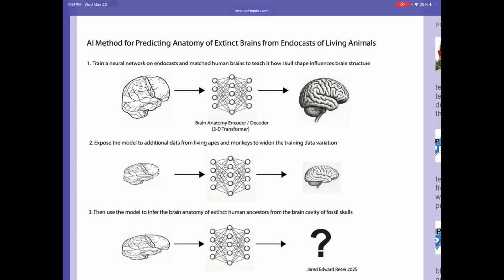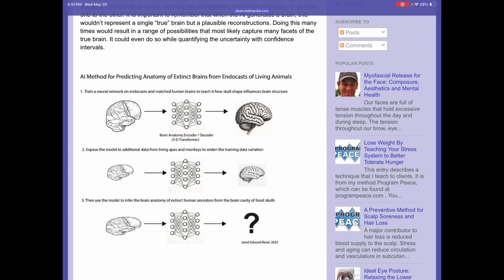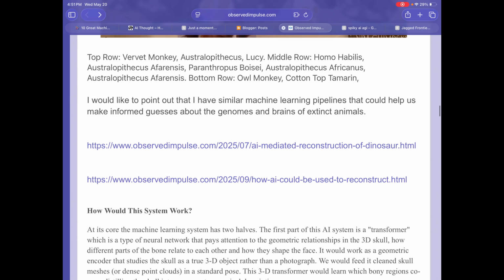So if you're interested in a hominid brain, you would take the endocasts, which is the inside of the skull of apes and humans, and you compare that to their physical brains. And then you train the system to do that, and then you give it the endocasts of hominins, like a Neanderthal or Homo floresiensis or something like that.